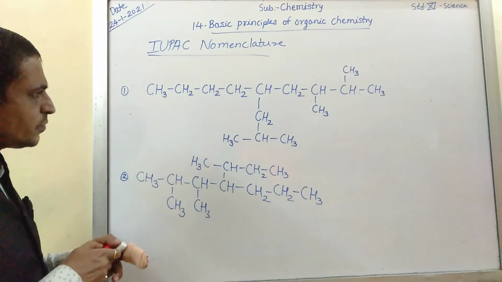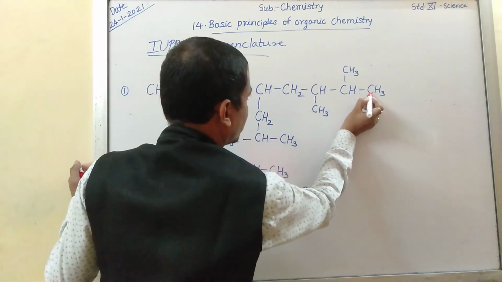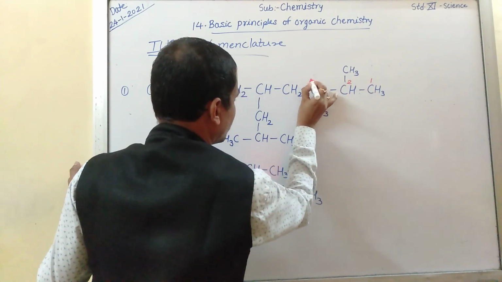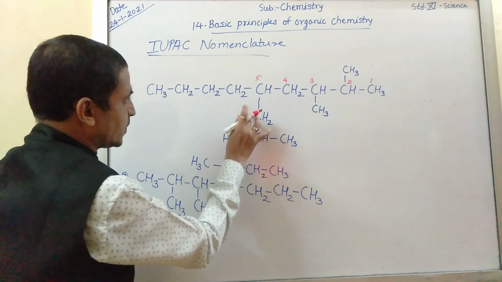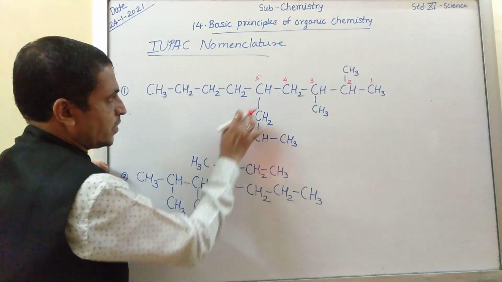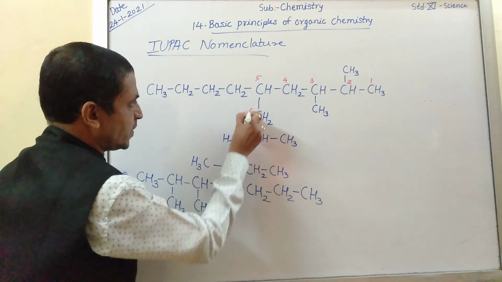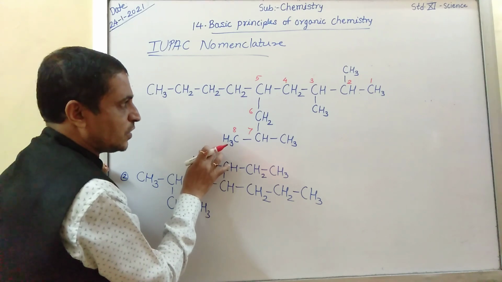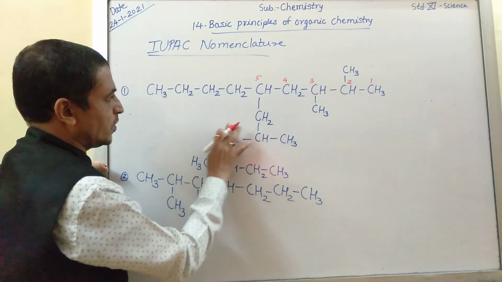See, here we can put 1, 2, 3, 4, 5, 6, 7, 8. You get 8 only. But if you consider this way, 6, 7, 8, you get only 8 carbon atoms in the longest continuous chain.